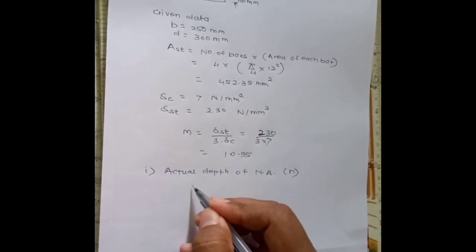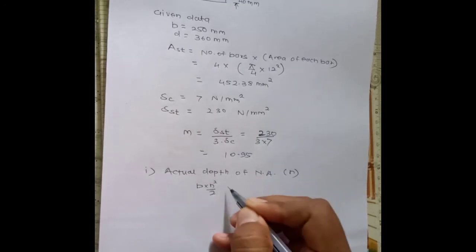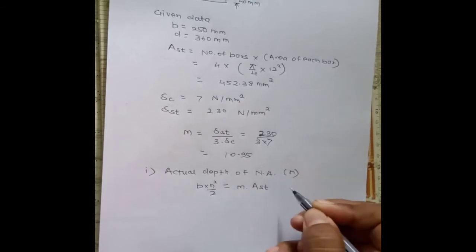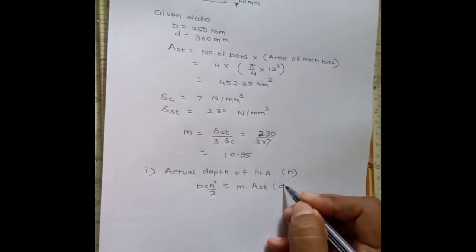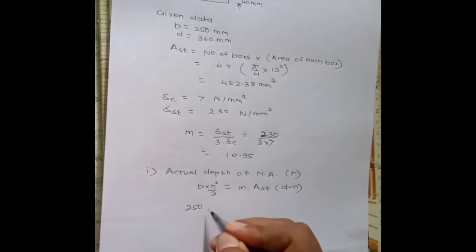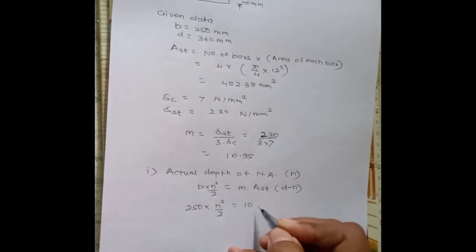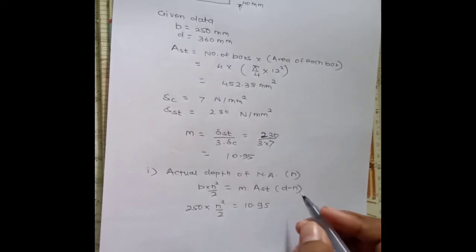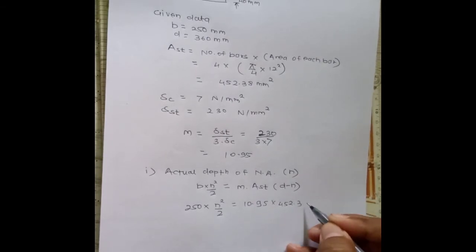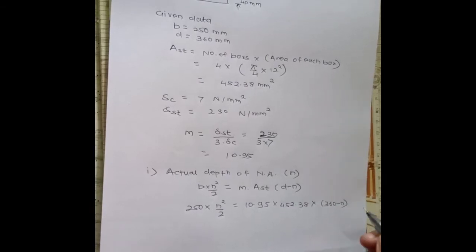For this we have a formula, B into n square by 2 equals m into Ast, that is area of steel, into d minus n. So put the values: 250 into n square by 2 equals 10.95 into 452.38 into 360 minus n.